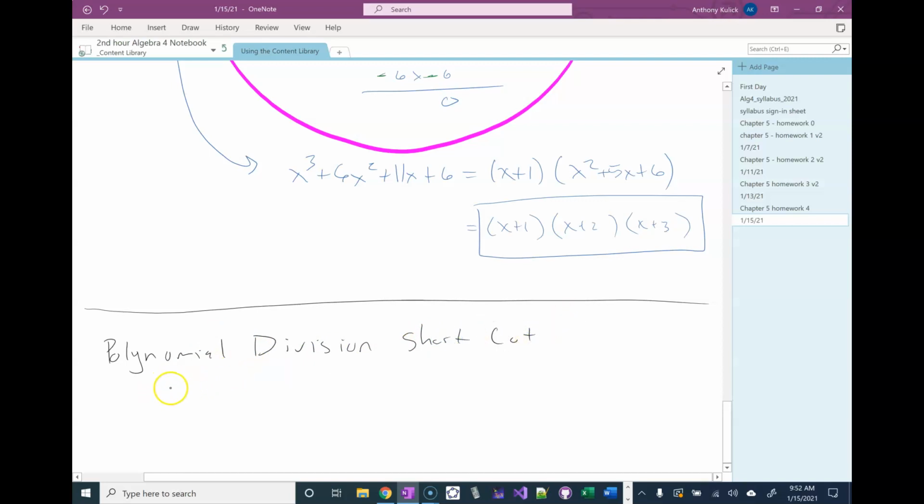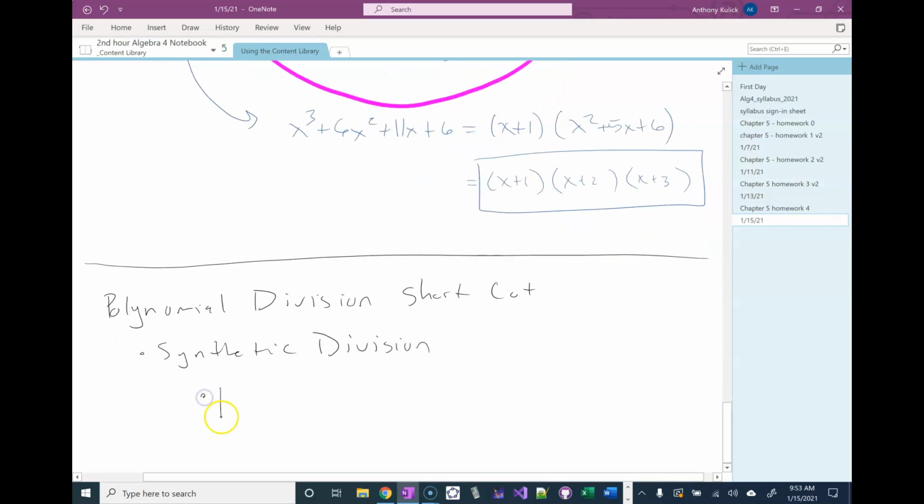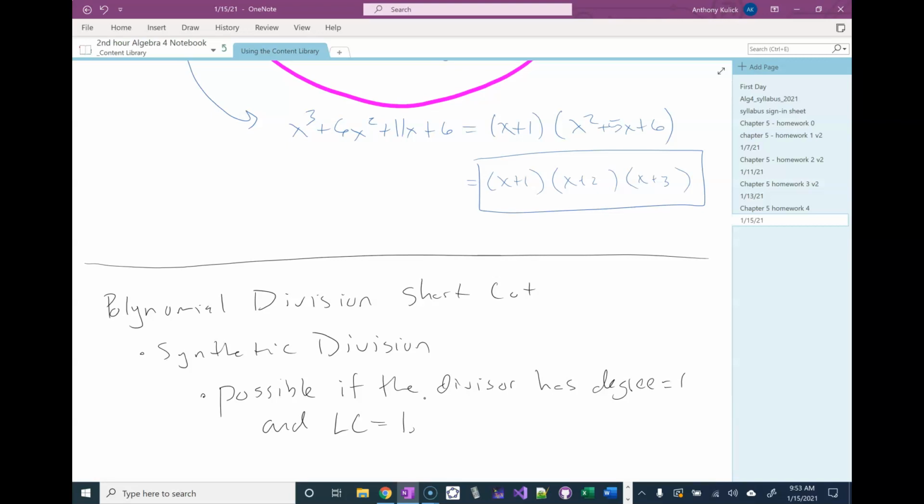We call this shortcut synthetic division. So we can use this synthetic division shortcut that we're about to explain to you when the degree for our divisor is 1, and its leading coefficient is 1.